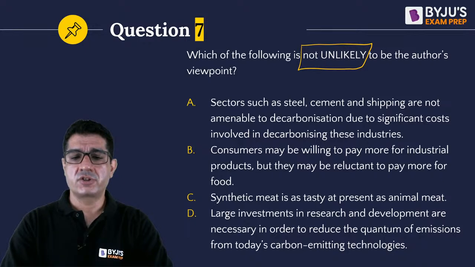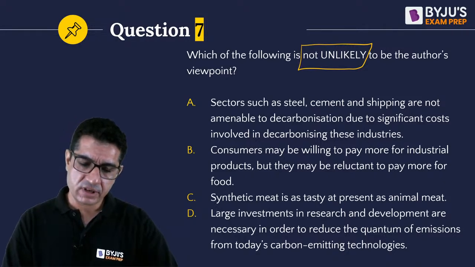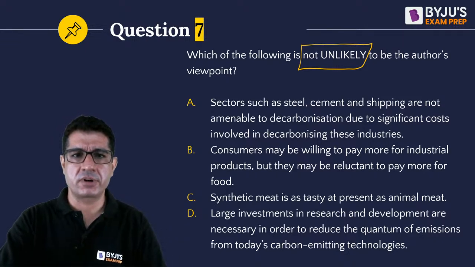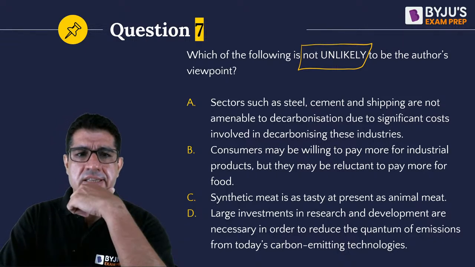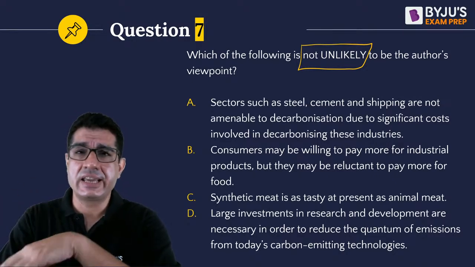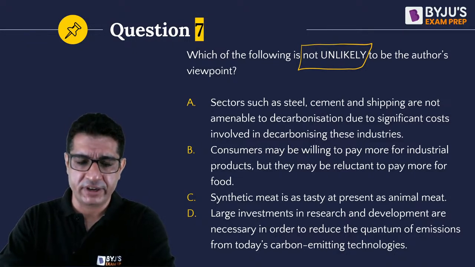All right, so let's dive into this. So we're thinking A, B, D. Oh, a lot of different options got chosen this time around apparently. So let's see. So not and un of the unlikely cancel out. So which of the following is likely to be the author's viewpoint, right?